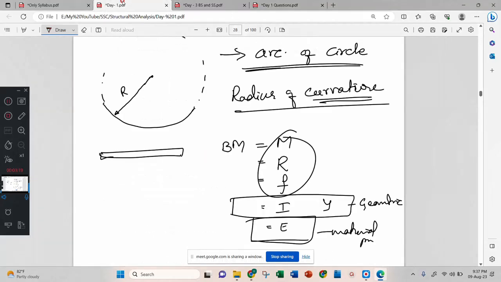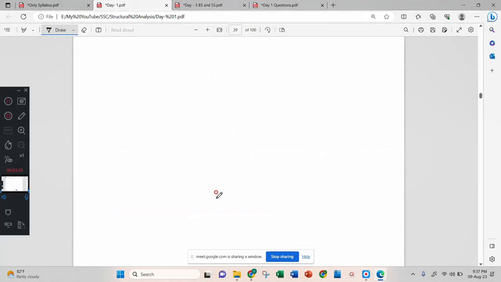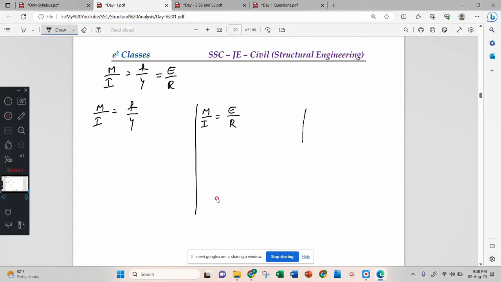I will take this example. Now look at here. For diploma level, you remember all these: M by I equal to F by Y equal to E by R. Now, M by I equal to F by Y is one equation. Another equation is M by I equal to E by R. Another equation is F by Y equal to E by R. Now look at here.